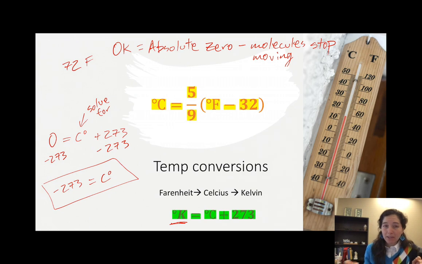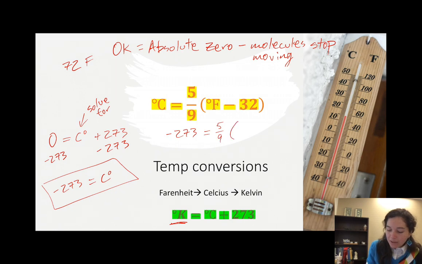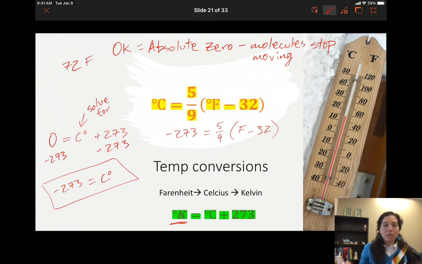That's very cold. Let's see how cold that is in Fahrenheit. Minus 273 Celsius is equal to 5/9 times (Fahrenheit minus 32). We're going to solve for Fahrenheit. Again, you can assume the capital F is like an x. The first thing I'm going to do is multiply both sides by 9/5 to cancel this.